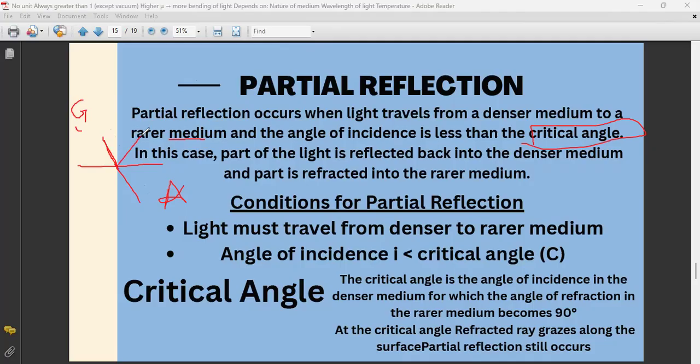So this is partial reflection, because both concepts are happening simultaneously. There is reflection, but some part of it is also getting refracted, so that's why it is called partial reflection.